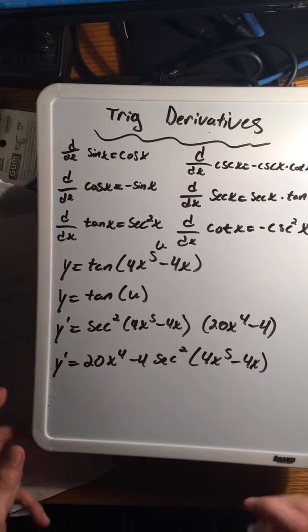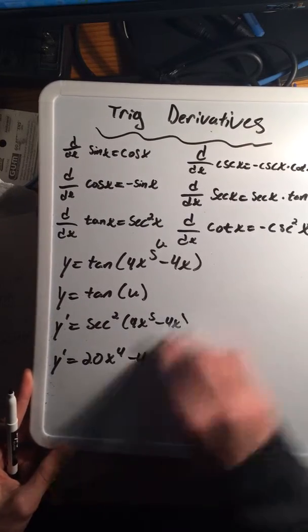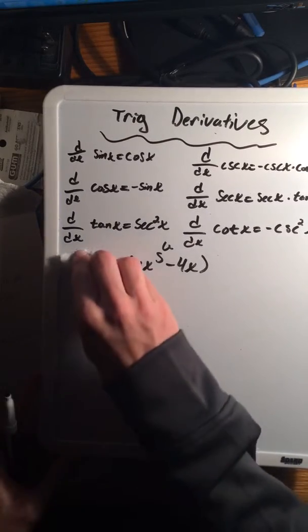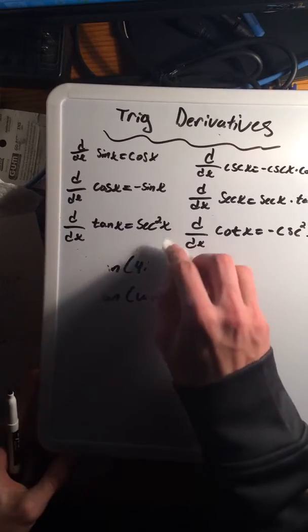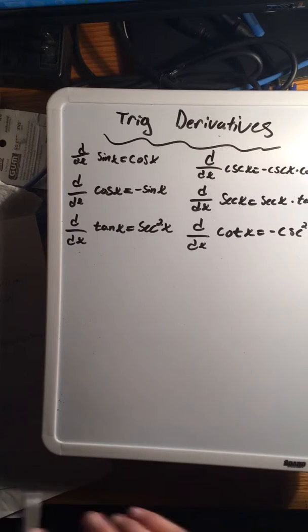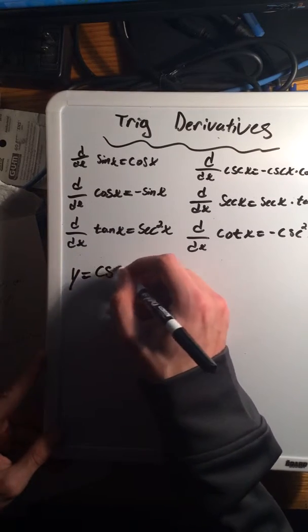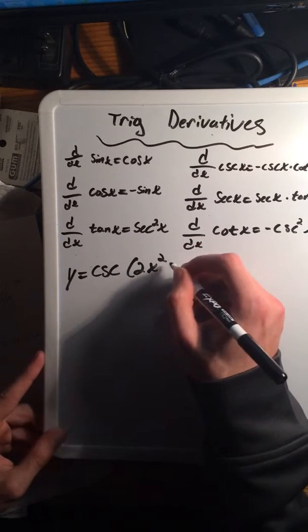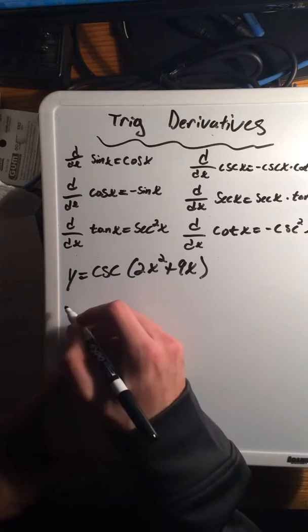Now I'm going to show you an example for cosecant. So y equals cosecant of 2x squared plus 9x. So I'm going to rewrite this with u.